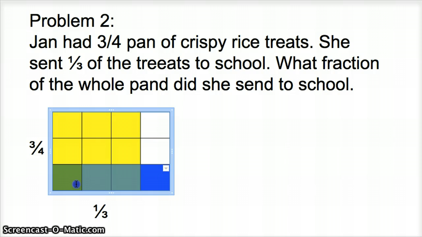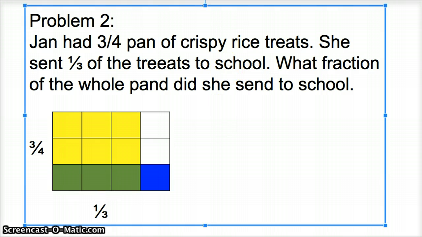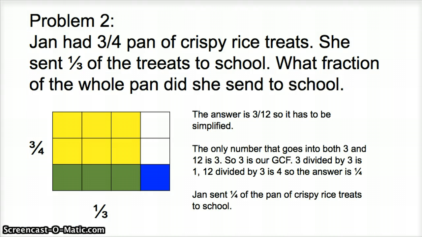And I would have highlighted all of this and made it blue, but since these 3 overlap, that becomes the green. So I have 3 out of 4, 8, 12. So my answer here is 3/12. But the answer is 3/12, so it has to be simplified. The only number that goes into both 3 and 12 is 3.